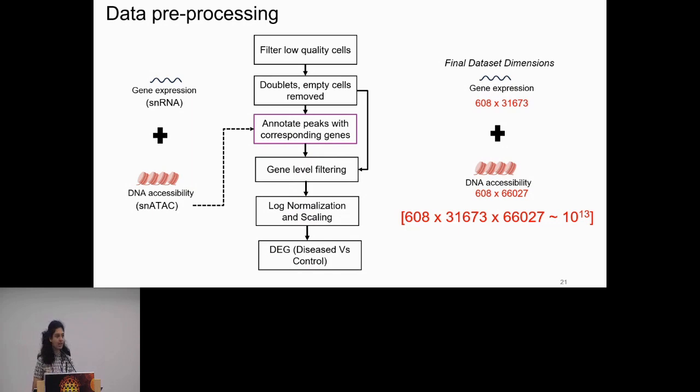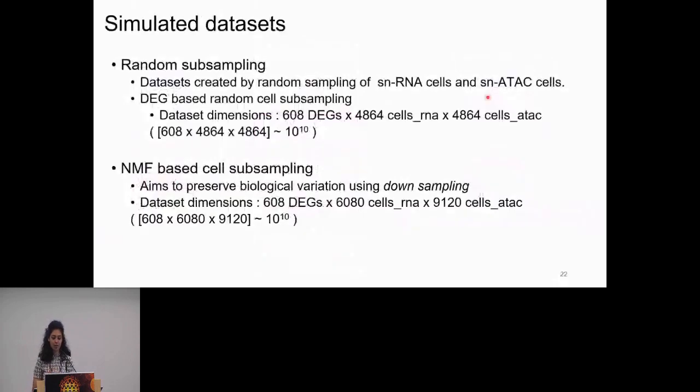In order to understand if lower dimensional data sets are efficient in capturing the underlying biology, we ran simulations and created simulated data sets using 2 strategies. One is a random subsampling strategy, and the second is a non-negative matrix factorization (NMF)-based subsampling.